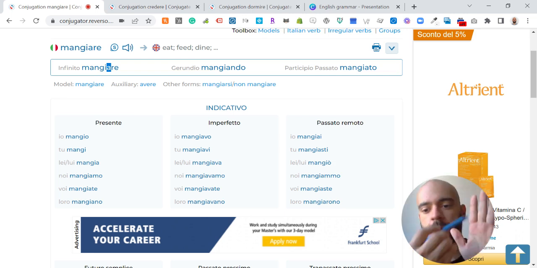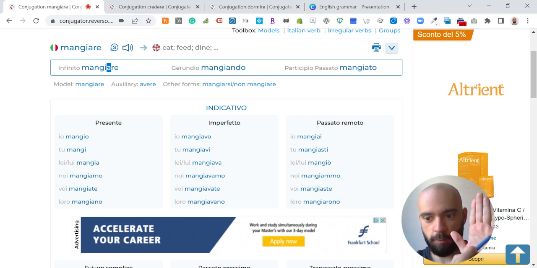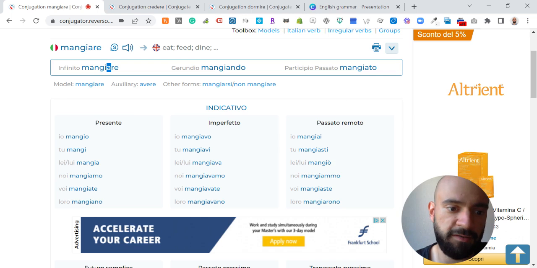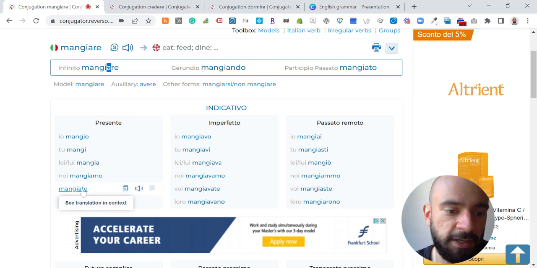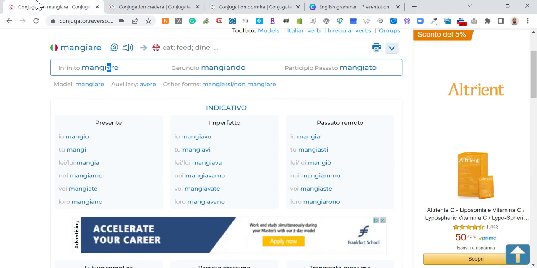So grab a piece of paper, create a table with the three conjugation families with mangiare, credere, and dormire. Mark in green the commonalities, and in red those aspects that are very different between the three conjugation families, such as mangiate with a, credete with e, dormite with e. Just to give you an example.